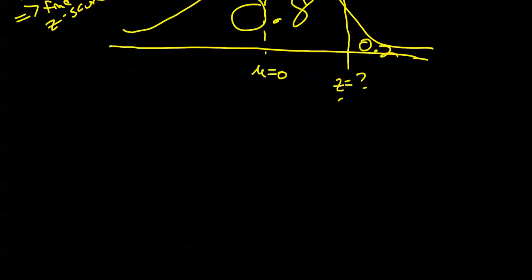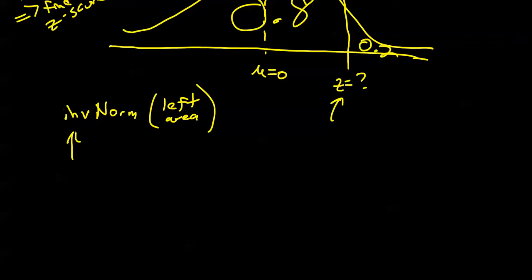Alright, to find this z-value, we're going to use a new command on our calculator, the inverse norm command. Invnorm, if you will. The syntax for inverse norm is that you plug in a left area, an area to the left of a given z-score.